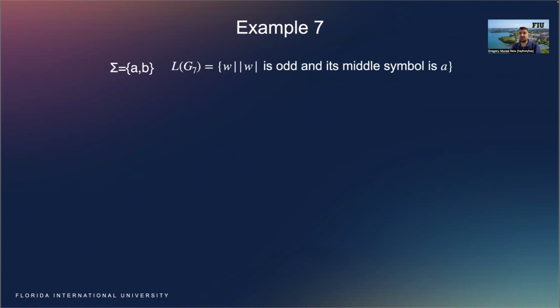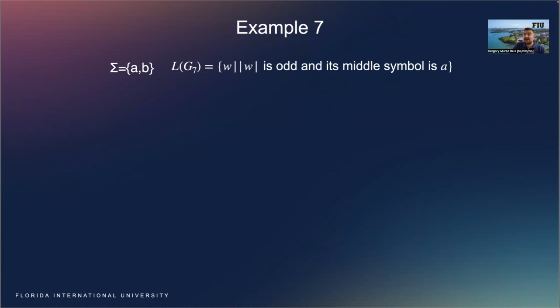So I already have two rules here, A S B or A S A for the outermost ones. But if I start with a B, I can have A or B in the last position. So I have two more rules. I already have four rules here because it can be any combination of A and B's. For every derivation, I add two characters. That makes the length even. To make the length odd, I add one element in the middle, and that middle symbol has to be A.